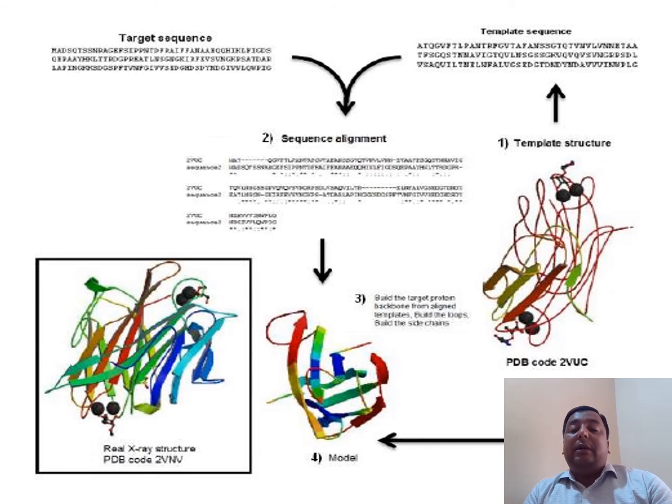And then you have already seen the template structure properties. If the template structure has any cofactors or any ligands bound with the protein, RNA or DNA structures, then we need to identify the locations of that binding and the properties of the binding: what residues and what base pairs are interacting in that particular interaction.